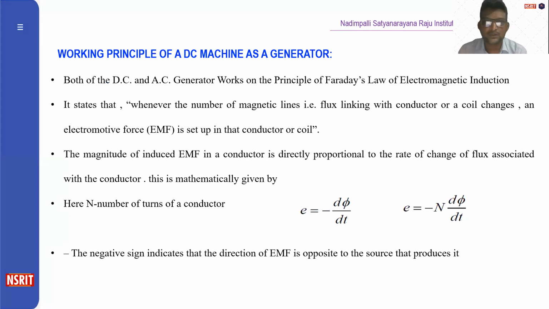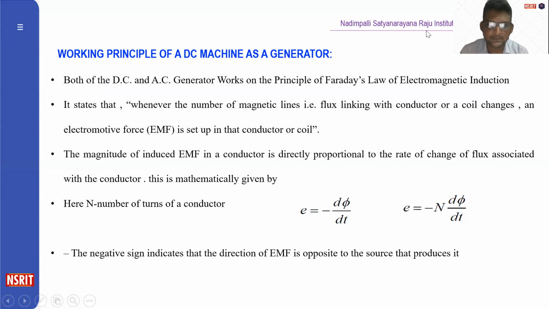What is the working principle of a DC machine as a generator? Both DC and AC generators work on the same principle, that is Faraday's law of electromagnetic induction, which states that whenever a current carrying conductor is placed in a magnetic field, it will generate some voltage that is called EMF.